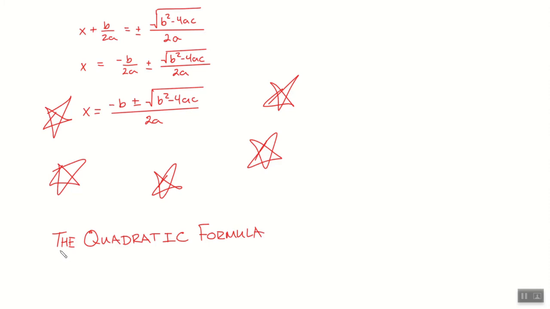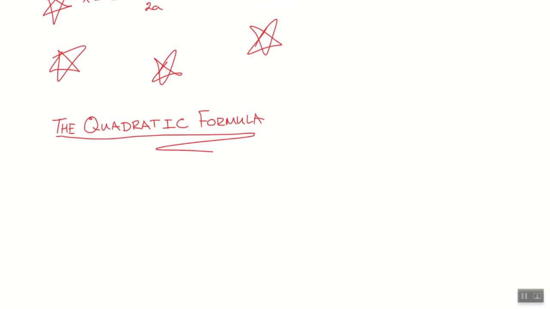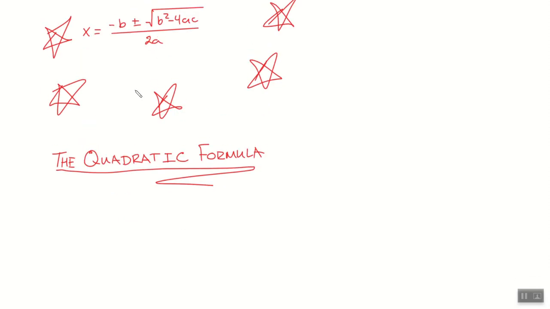Okay. This is arguably the most important thing we've seen, but really everything that we see is important in regards to math. So the quadratic formula, what we've just found, and I want to make sure we all agree what this really means.